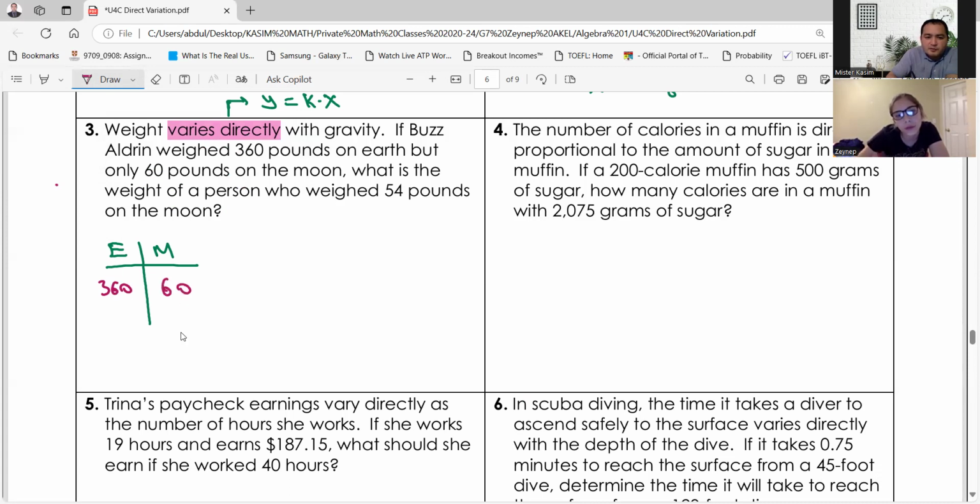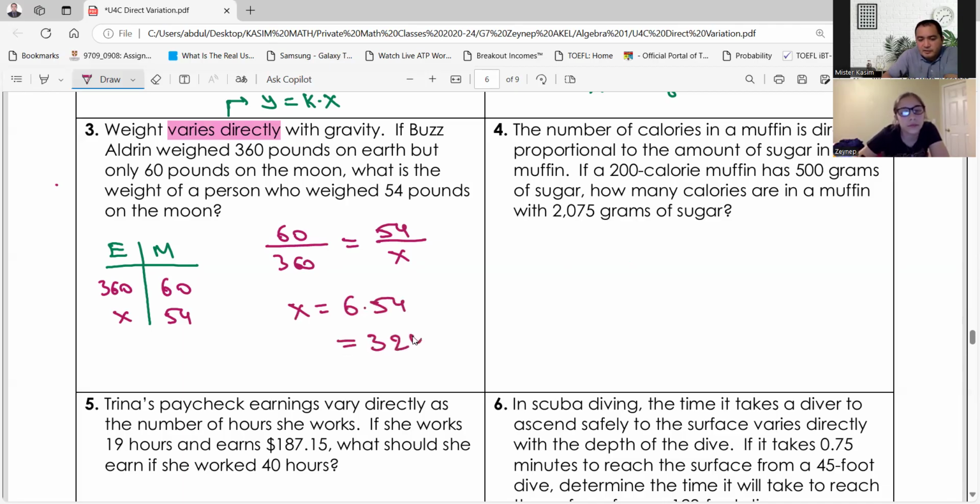What is the weight on Earth of a person who weighs 54 on the moon? So this one is x. So 60 divided by 360 is equal to 54 over x. What is x? 324. That's it. Let me just quickly write this down.